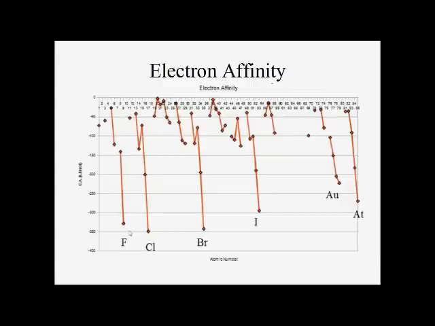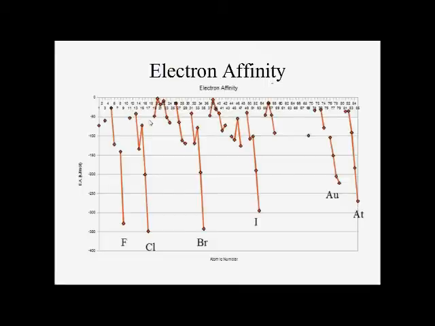And we see that our halogens here have the most stable electron affinities, the largest electron affinities. We do have some elements that show up as being stable, also gold, astatine.